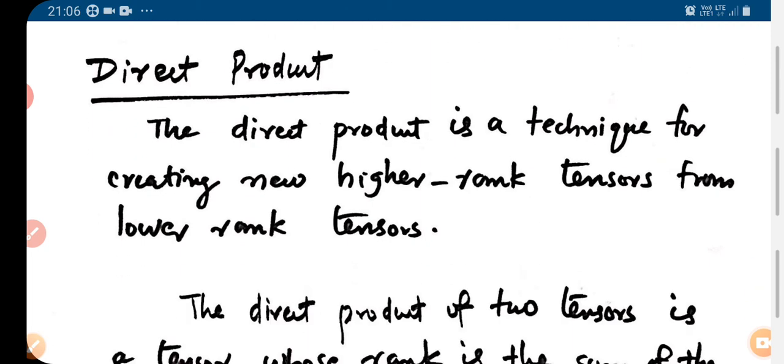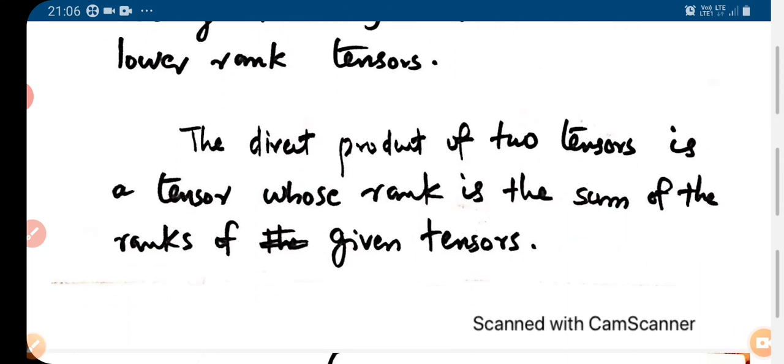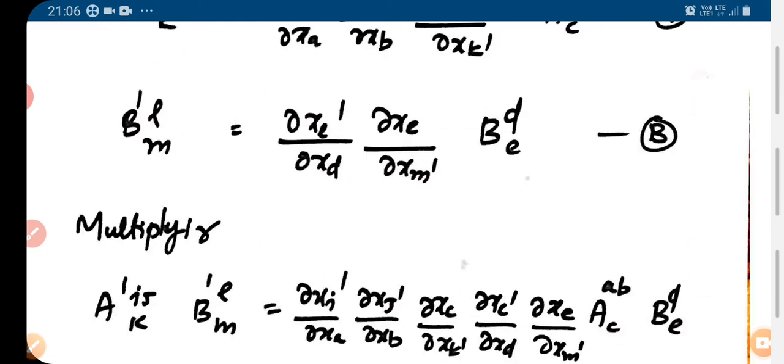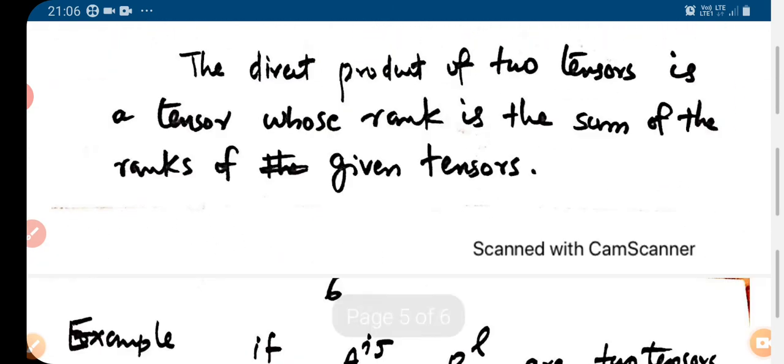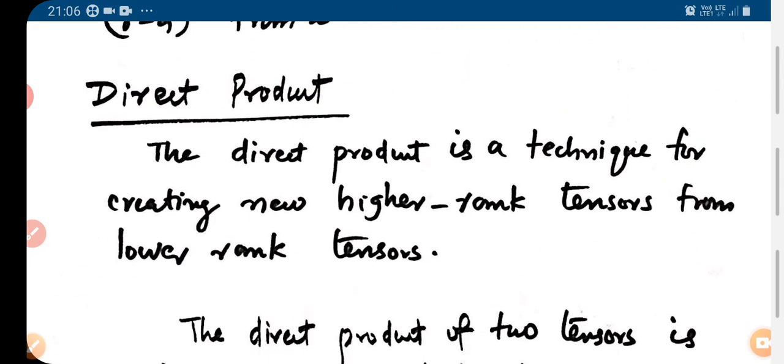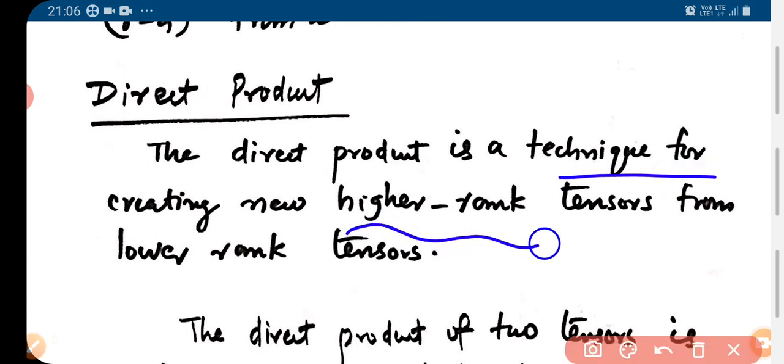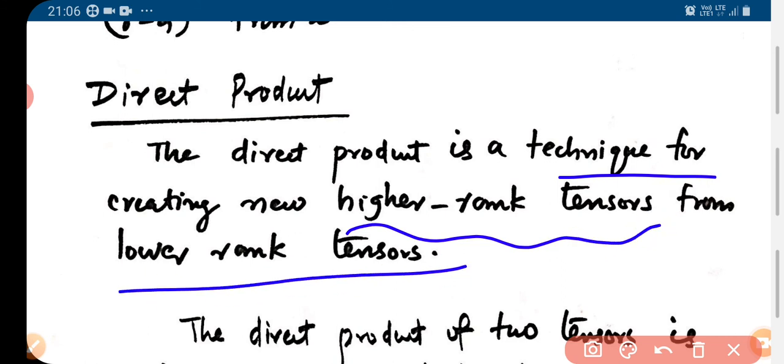Then the direct product. So, what is the direct product of two tensors? This is actually a technique for creating new higher rank tensors from lower rank tensors, obtained by taking the product.